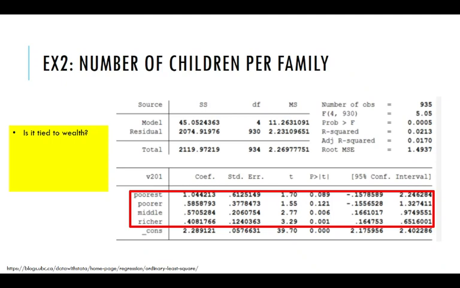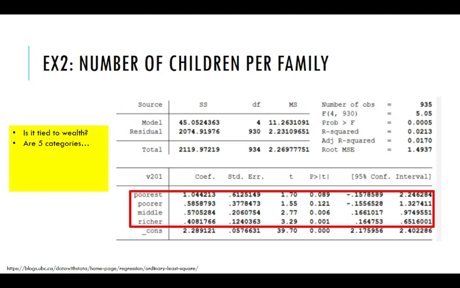All right, let's move on to another example. So this study right here is looking at number of children per family. And it's specifically asking the question if number of children is tied to wealth. Do wealthy families versus not wealthy families have different numbers of children?